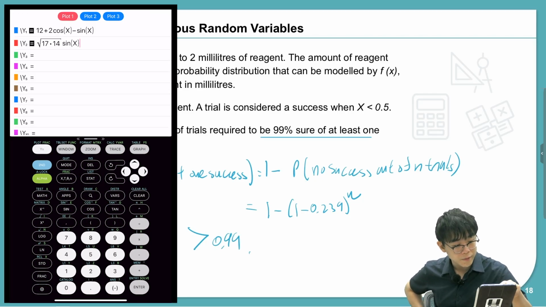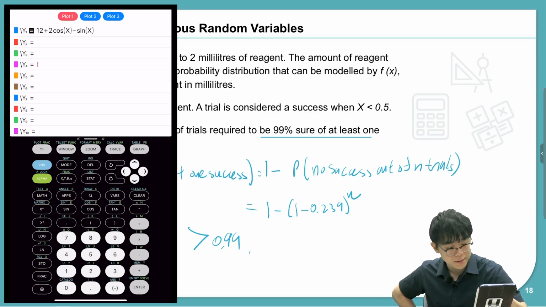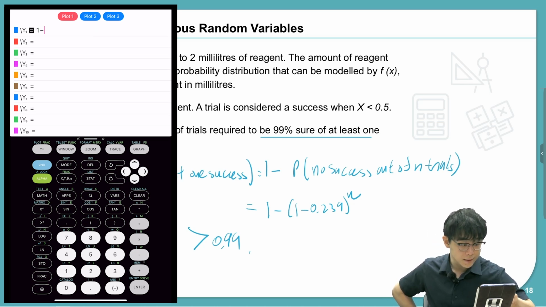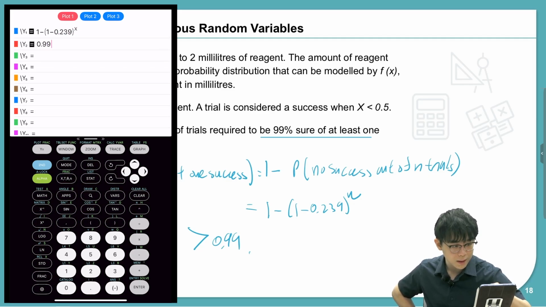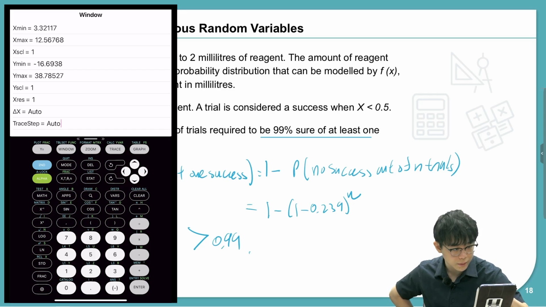If you just solve for n right away, you can go straight to your calculator without further manipulating this. We want the left side to be greater than the right. So we have 1 minus 0.239 to the power of x, and we want this to be greater than 0.99. So when does the intersection happen? Let's say we're looking for larger values of n, maybe up to 20-ish, and the number is going to be from 0 to 1 anyway.